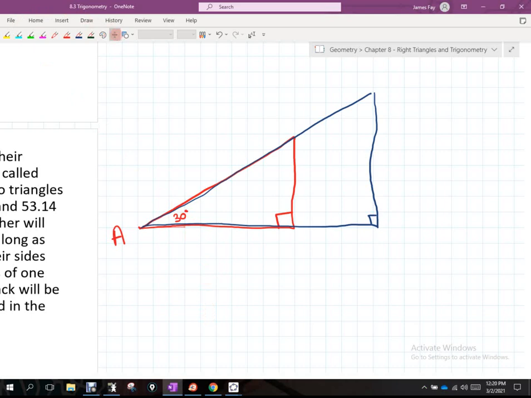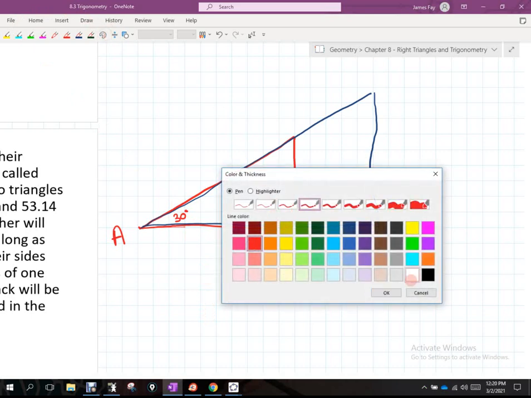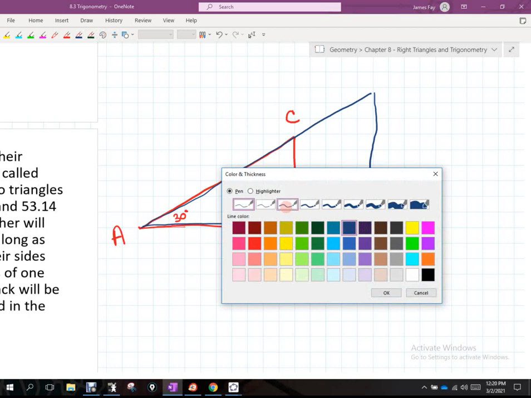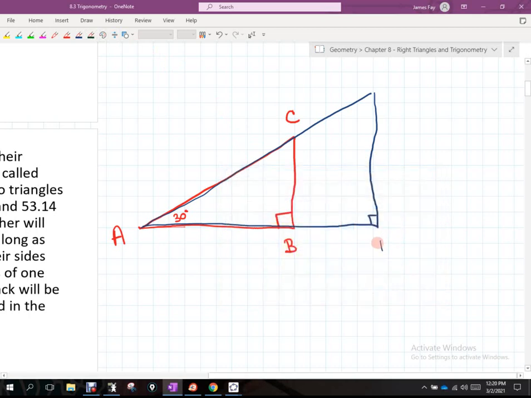So the red triangle, let's just call it A, B, C, and we'll call the blue one, this B prime, and I'll call that point C prime. Do you guys agree that point B kind of compares to B prime and C to C prime? Do you guys remember what relationship we have now between that red triangle and that blue triangle?